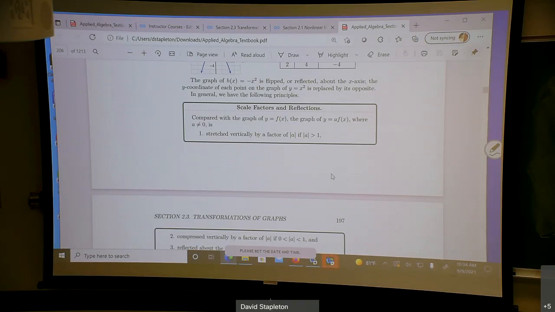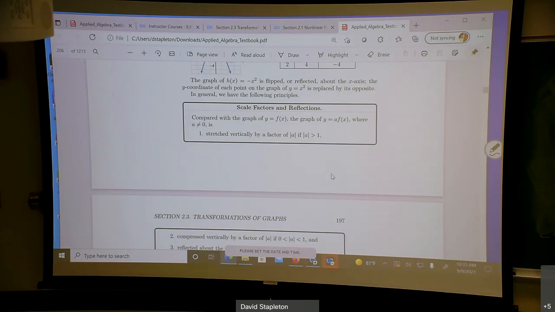So it's absolute value of a times as large for all the y coordinates, if you think about it. If f of x was 1 before and a is 2, then 2 times 1 is twice as large. If f of x was 1 before and a is 3, it's 3 times as large. Whatever you multiply it by scales the y coordinates away from the x-axis to be 2 or 3 or however many times as large. Let's scale by absolute value of a.